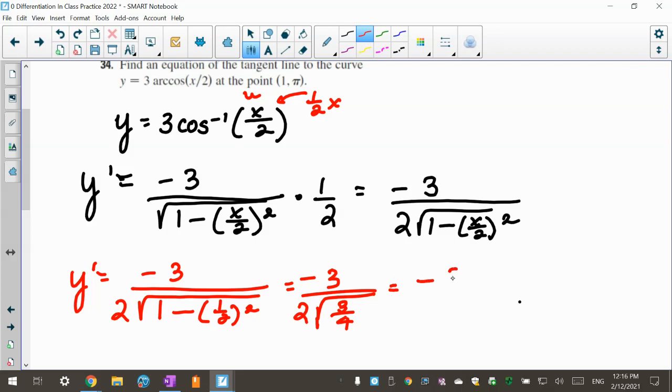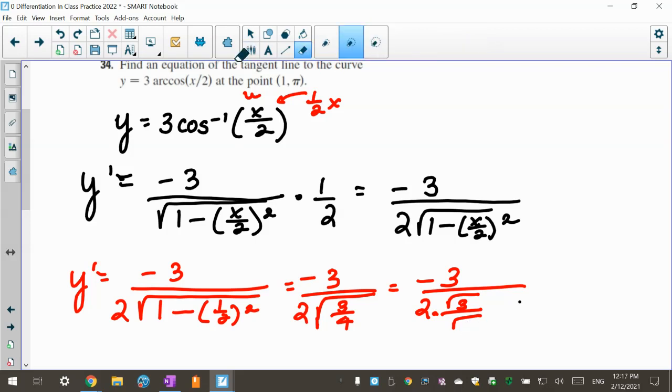And I do know, now that I can play around with it, that's 2 times radical 3 over radical 4. And you're multiplying. So, whoops, I'm thinking ahead because radical 4 is 2. So here's radical 4. And because the square root of 4 is 2, I can cancel this out. So I end up with -3 over radical 3, which is not wrong, but it needs to be rationalized.